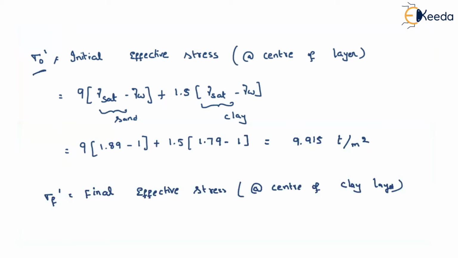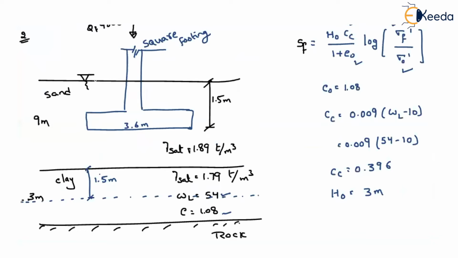Now, if there is a load applied through the square footing, and in the question I have not mentioned any variation, then you have to consider the Terzaghi variation here.